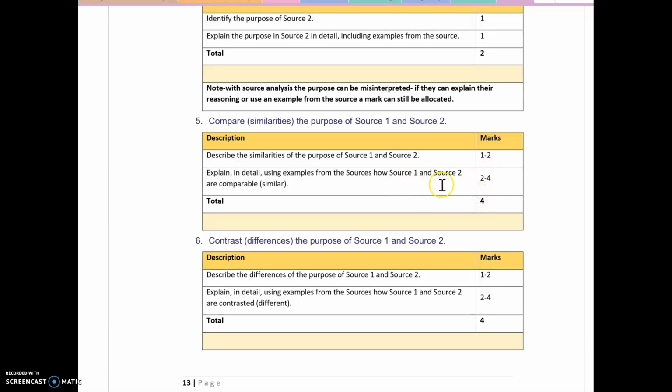The more detailed your explanation and the more you can get to the heart of it using an example, that's where the marks sit. So for similarities, you work out each one, then 2 examples and a good explanation, there's your 4 marks. And same with the differences.